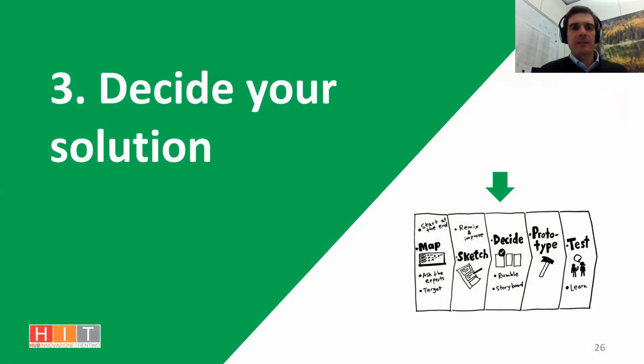Okay, let's have a look at the third phase, and after that I will share with you the assignment that you will have to work on as a team. The next phase of the design sprint is decide. So basically here is where you converge. As a team you might have come up with some 10 ideas.